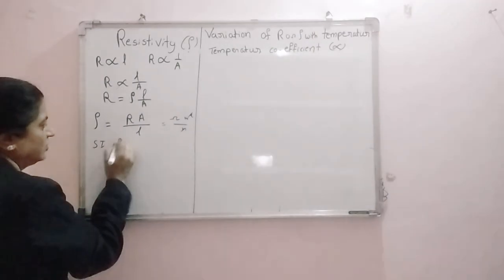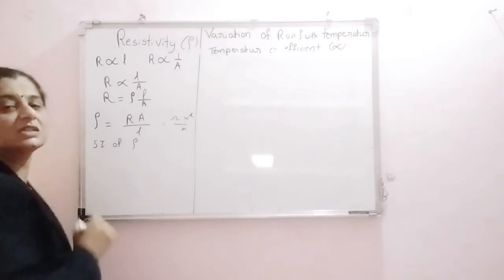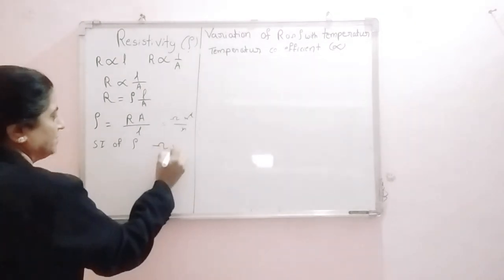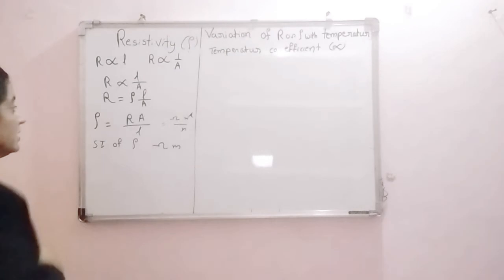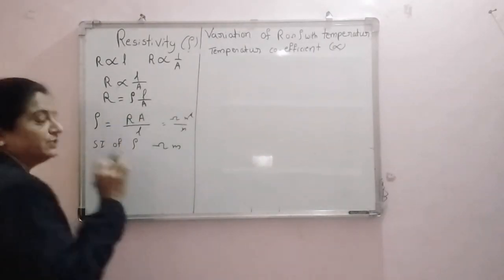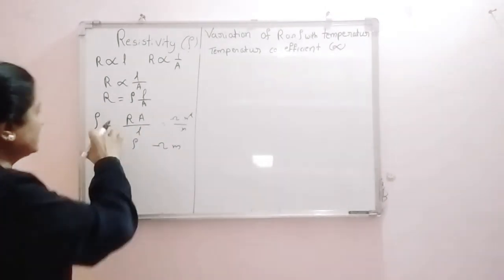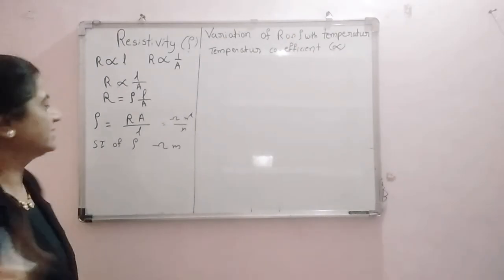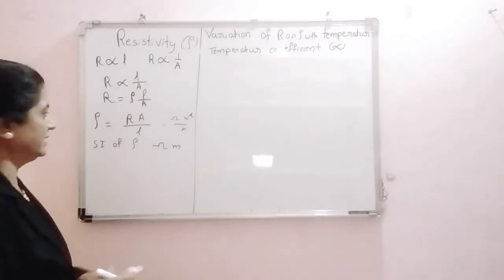The SI unit of specific resistance of material is ohm meter. So, specific resistance is the resistance for unit cross-sectional area and unit length. Whatever resistance of material we get, that is nothing but the specific resistance of that material.